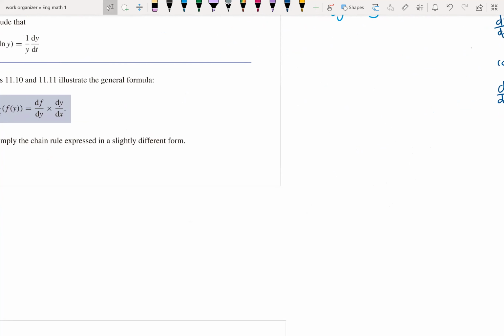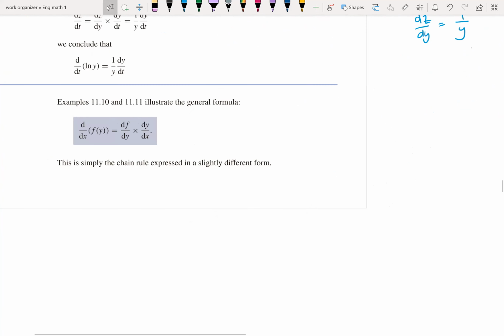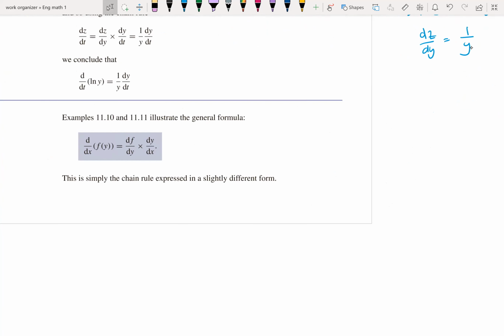So this is generally the formula. In this case we just convert it into z, let z equal to y, and then we just do dz over dy.